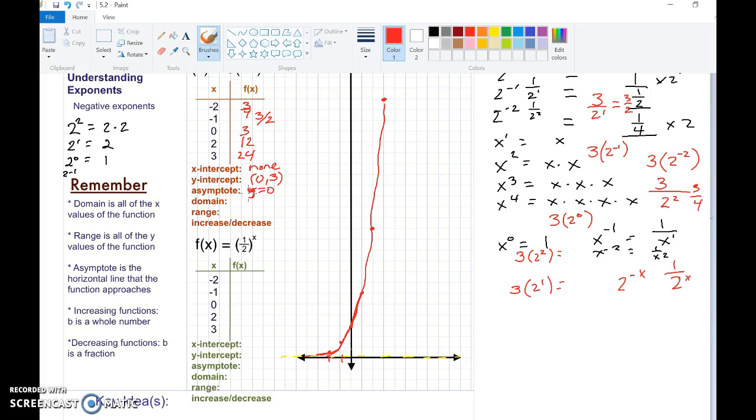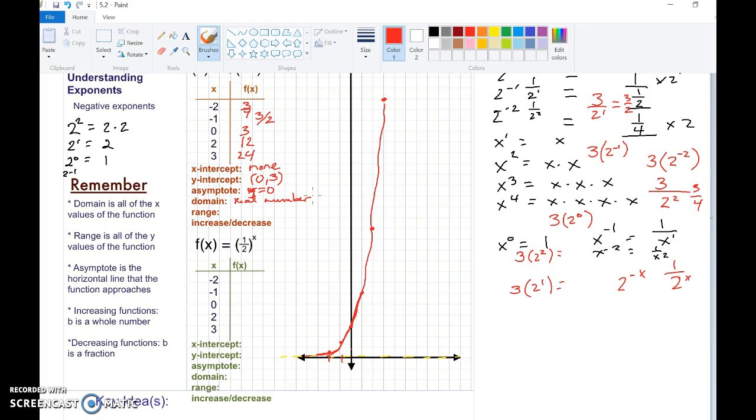And then what is the domain? Well, the domain is all of the possible x values, and we can have just about any x value. We can go all the way over in the positive direction or the negative direction. We can put any number in for x. So the domain is the real numbers. Our range, however, is our y values.